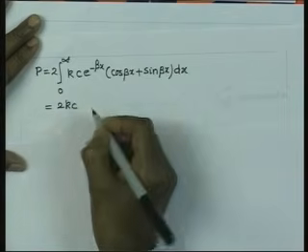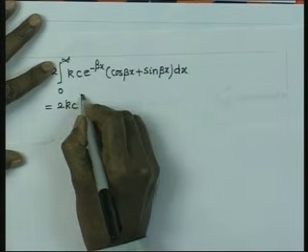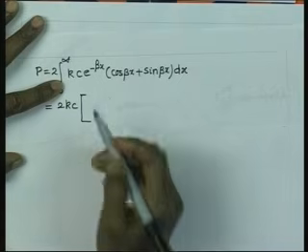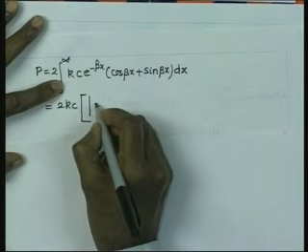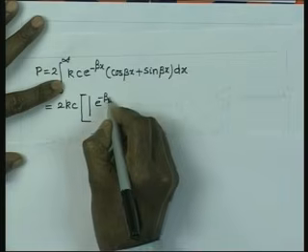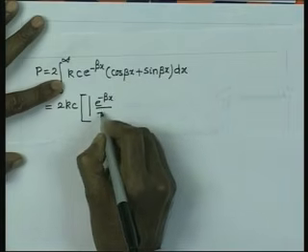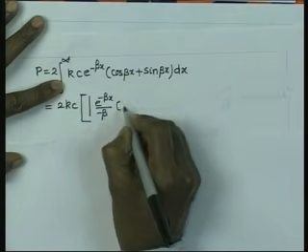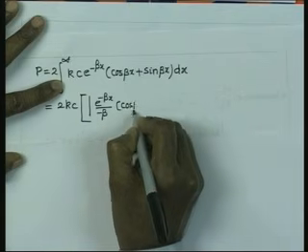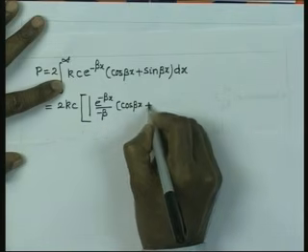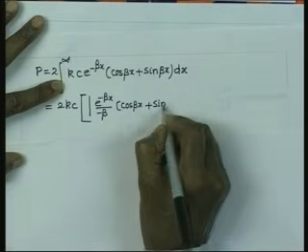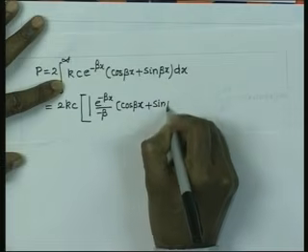twice kC, first we integrate this, we take this as the first function. So, therefore, we will have e to the power minus beta x by minus beta, cosine beta x plus sin beta x.